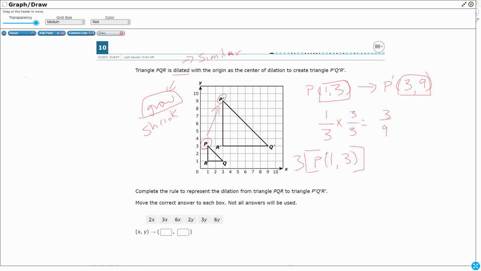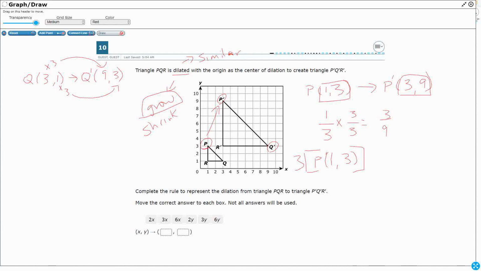So Q is going to be coordinates 3, comma 1, and it goes to Q prime, and that's going to be right here. That's 9, 3. All right, so if I multiply 3 times 3, I get 9. That's good. If I multiply 1 times 3, I get 3. All right, so we're good.